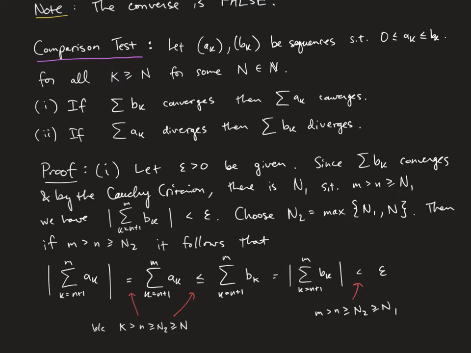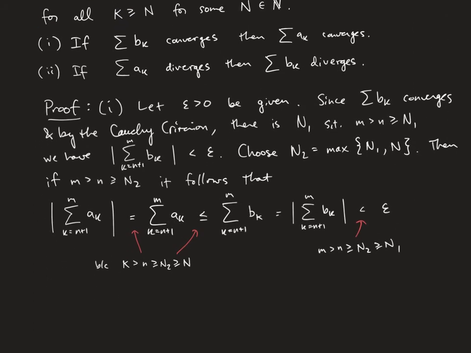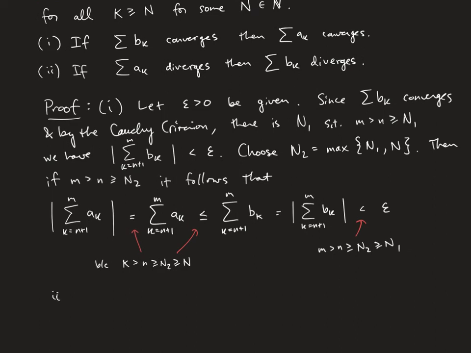If the a's are less than or equal to the b's, then this partial b tail is dominating this partial a tail, and the partial b tail is less than epsilon, so the partial a tail will also be less than epsilon. And then for 2, of course, 2 is just the contrapositive of 1. So this just follows from 1 by contraposition.